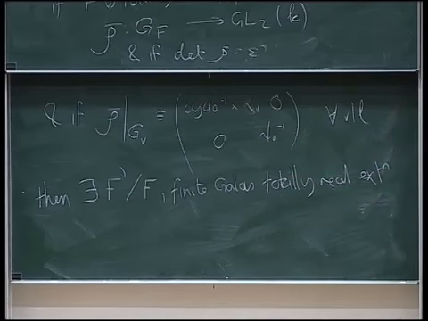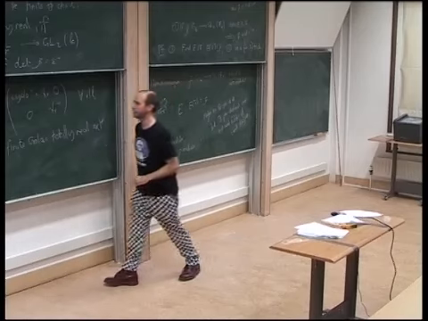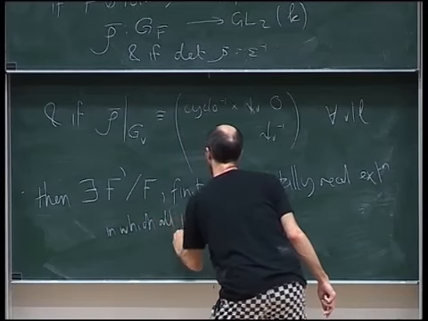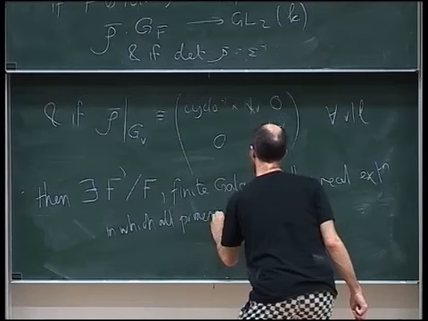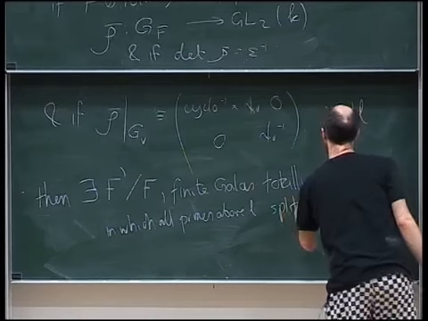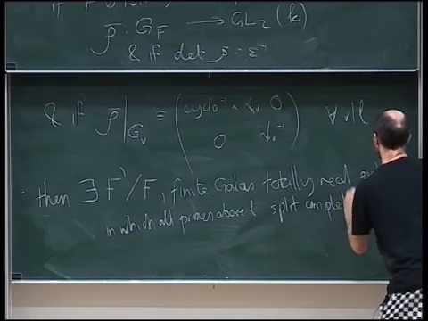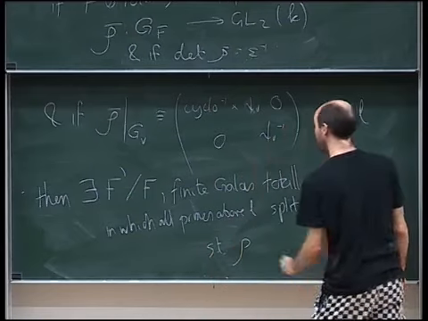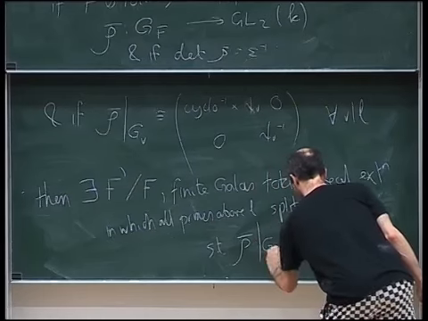Then there exists F primed over F, a finite Galois totally real extension, in which all primes above L split completely, such that rho bar restricted to G_F primed is modular.